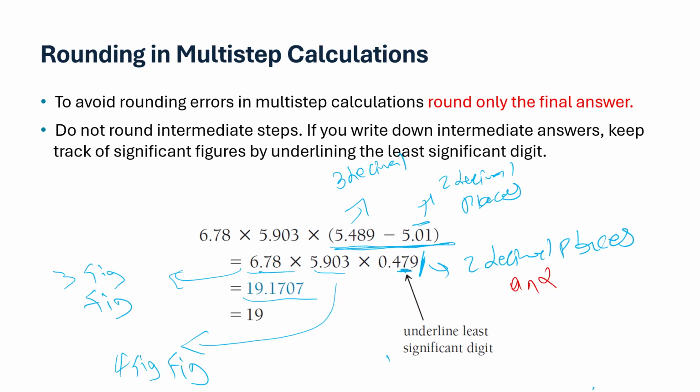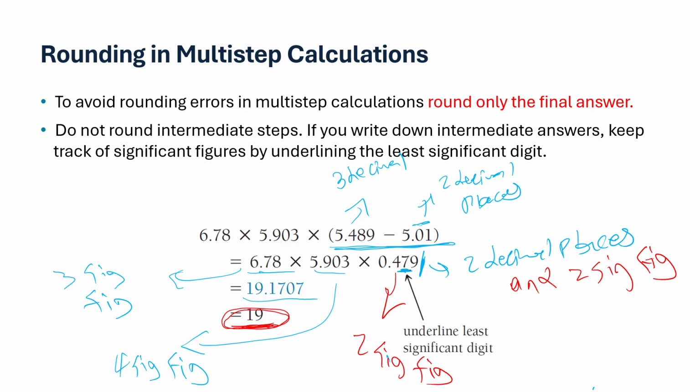And 2 sig fig. So this one has 2 sig fig. So as we know, when we are multiplying or dividing, the answer should have the least number of sig fig. So you round your answer, and your final answer should have two significant figures because of that one.